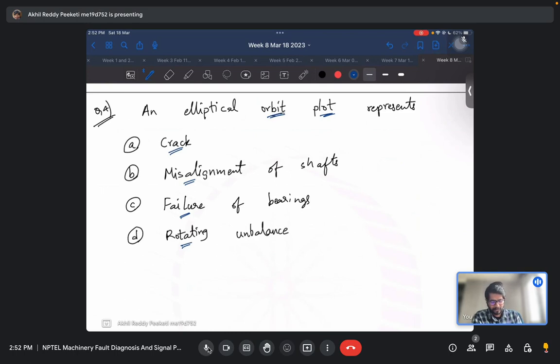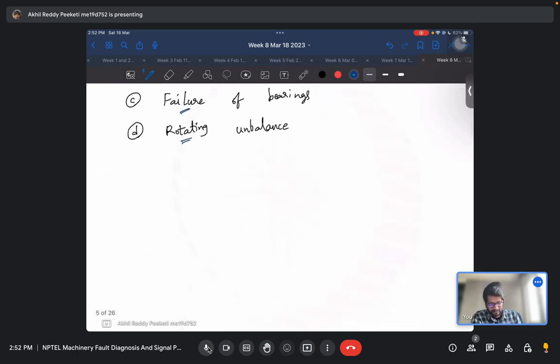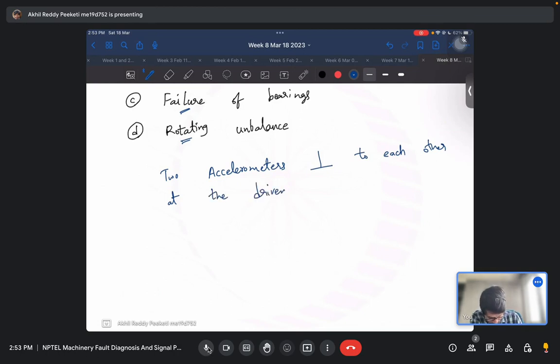This orbit plot is actually generated by having two accelerometers perpendicular to each other at the driven end of the shaft.